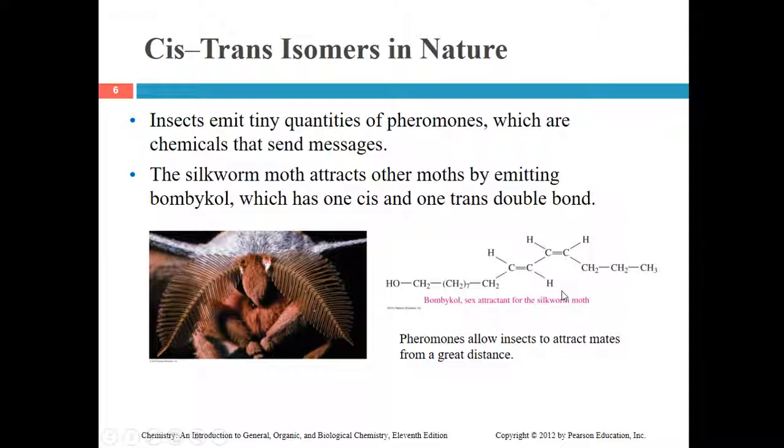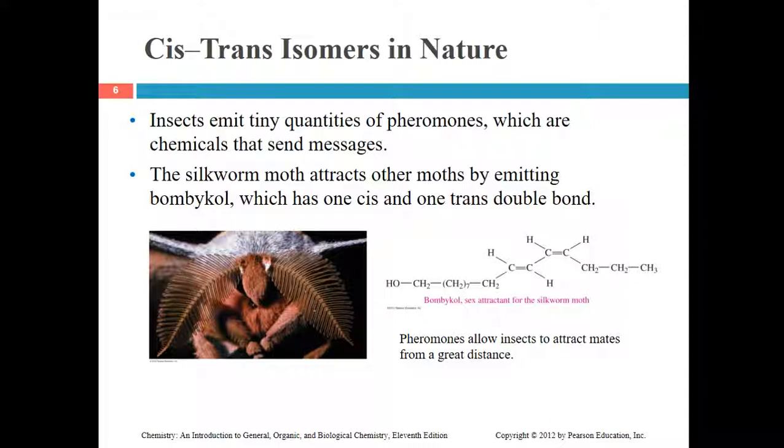The cis-trans isomers in nature, there are a lot of different examples of when going from cis to trans, the different pheromones or the different items in our bodies, that it's a really big deal. Insects emit tiny quantities of pheromones, which are chemicals that send messages.